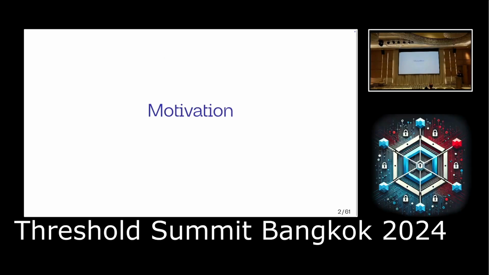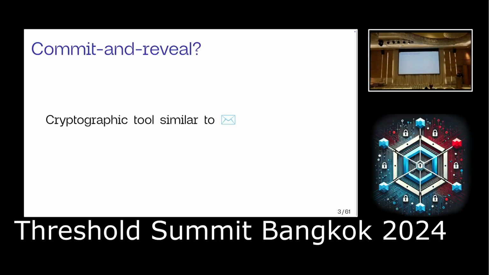So what is commit and reveal? Commit and reveal is a cryptographic process that is very similar to an envelope. This is a voting envelope that I have here that I will use, I think, in 2 weeks in Switzerland. And the question you should ask is, what do we expect from a voting envelope?